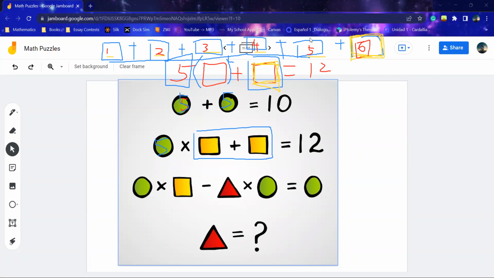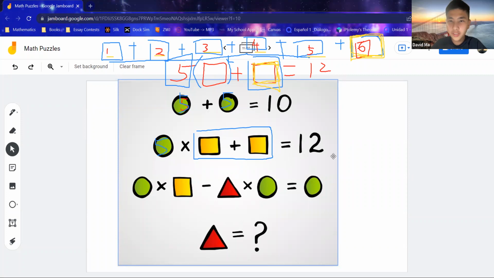All right. Okay. 6 squares equal 12. So what does each individual square equal, Joyce? We can divide both sides by 6, right? We divide both sides by 6.